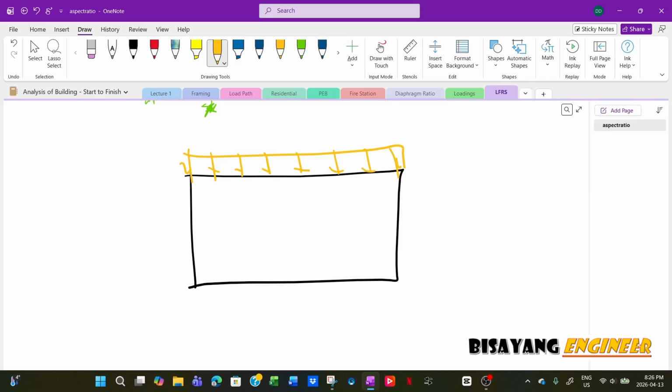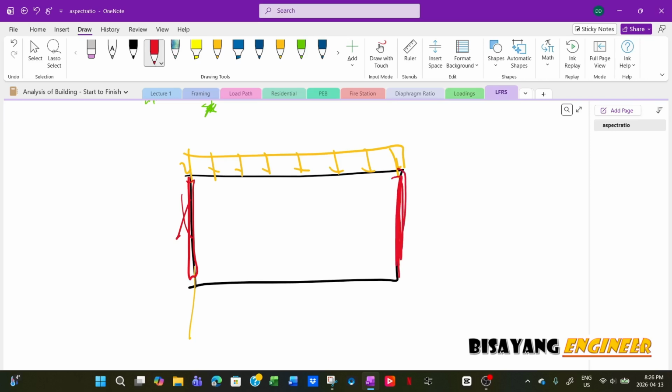Instead of a beam with columns here, since this is a shear wall, you have the horizontal diaphragm and then the shear wall. Your lateral force resisting system could be bracing right here, or shear wall, or moment frame. So this is still the same analysis.